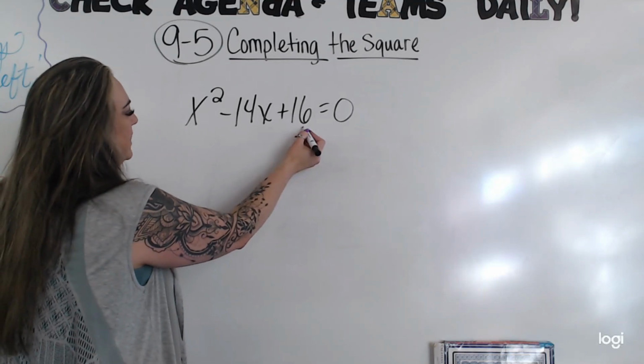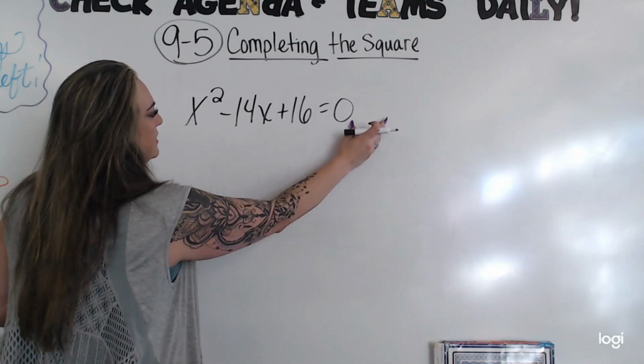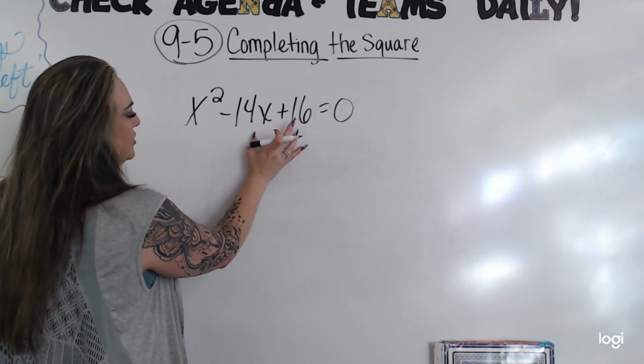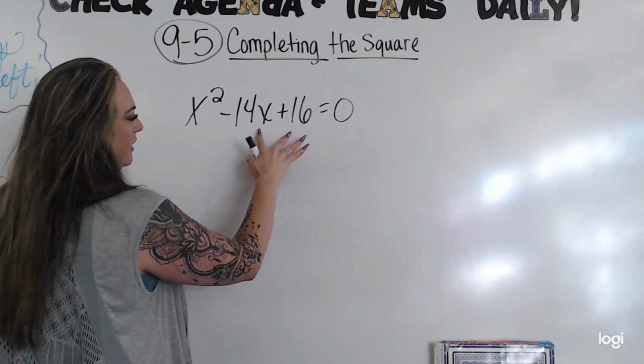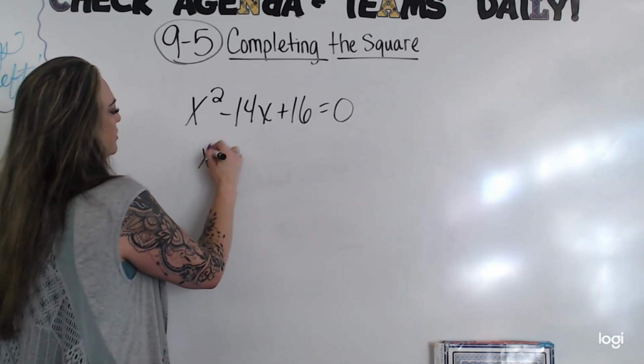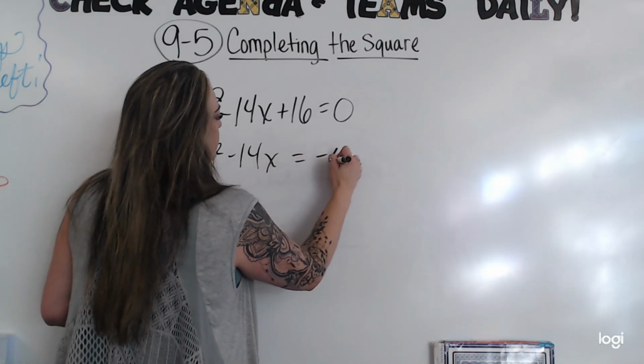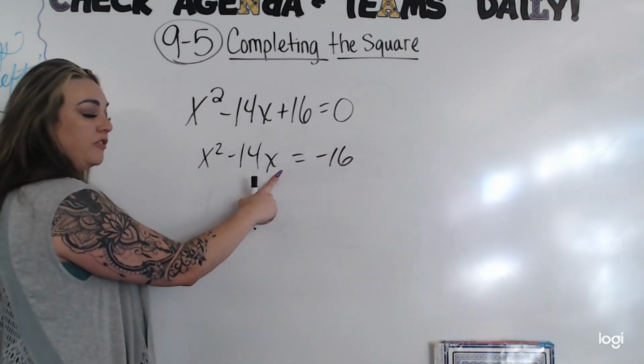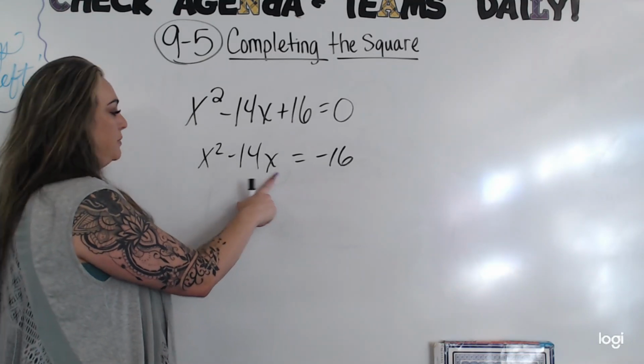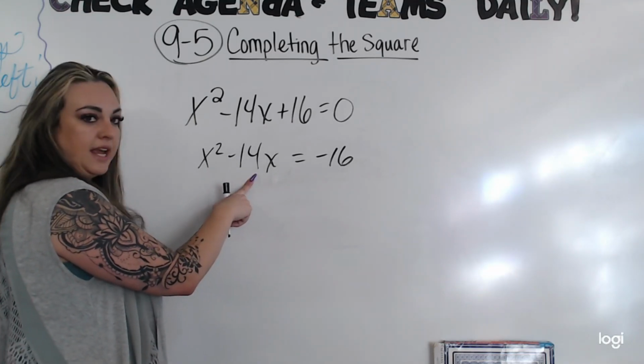So we need to move this to the other side because these two don't add up correctly, right? So we subtract 16 on both sides, and now it's on this side. Now we can fill in here what would make this a perfect square, knowing that we need negative 14 as our answer.